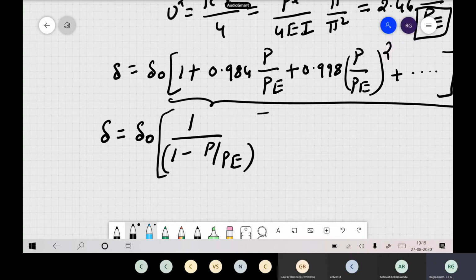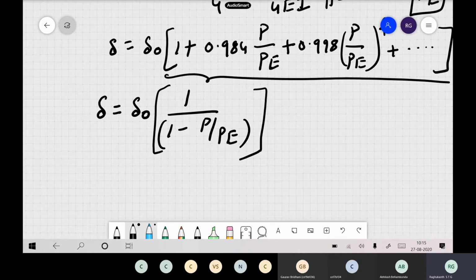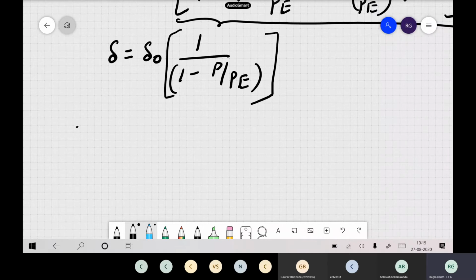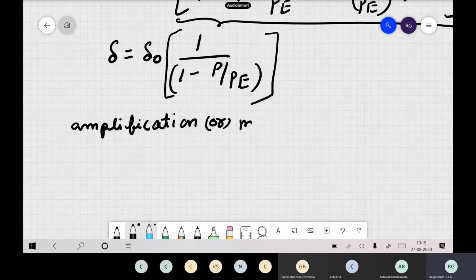This is your final expression. This is the amplification factor, or magnification factor, for a beam column.